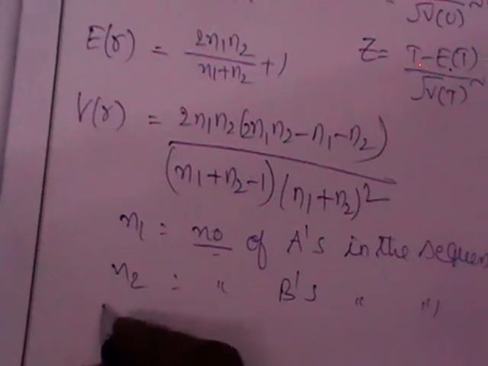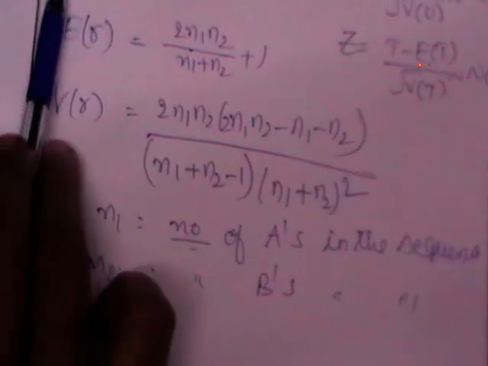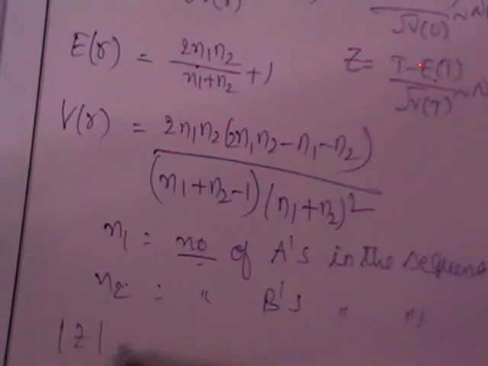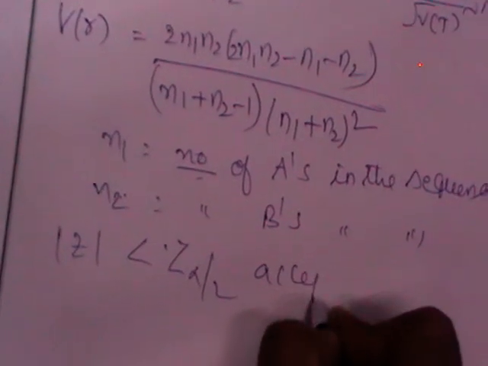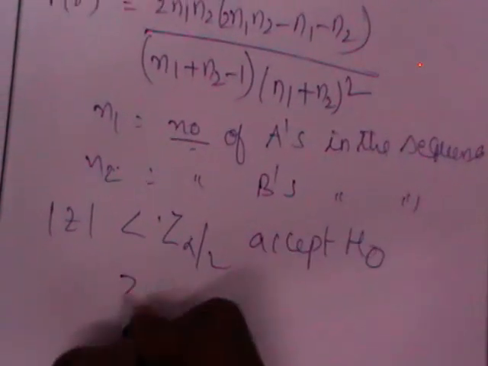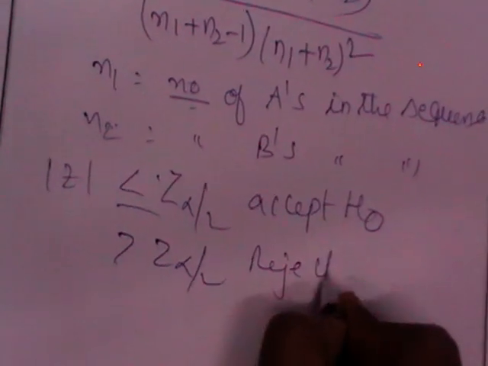You should count the number of A's, N1, and B's, N2, and substitute here, and you will get the Z value. Usually the decision is to compare Z with Z alpha by 2. If it is less than Z alpha by 2, accept H0. If it is greater than Z alpha by 2, you reject the hypothesis.